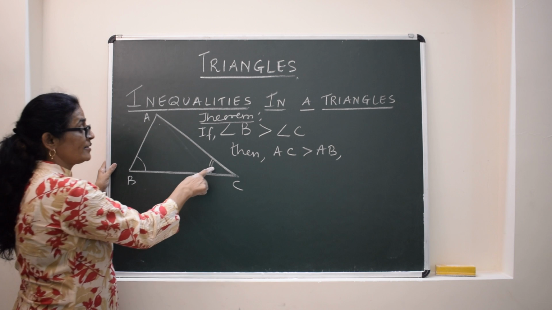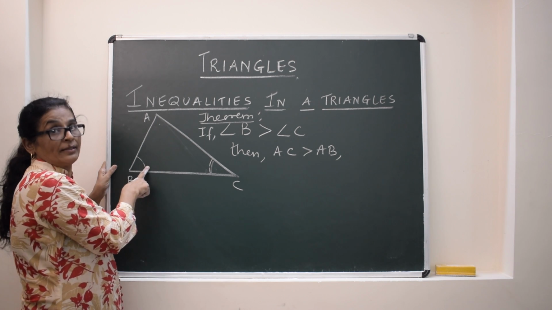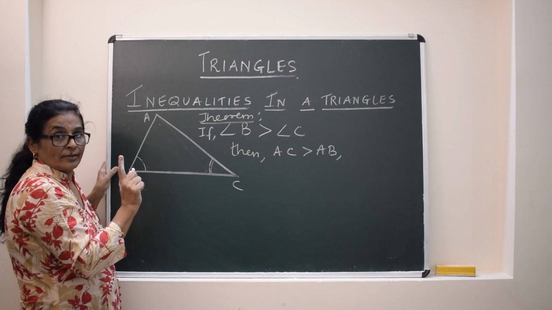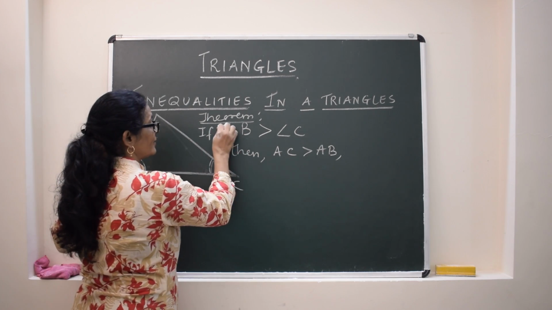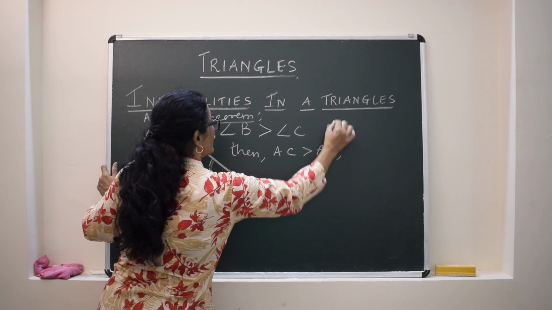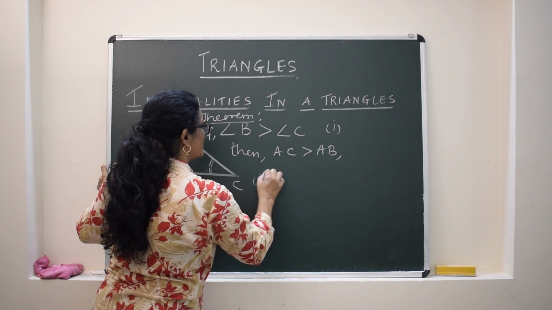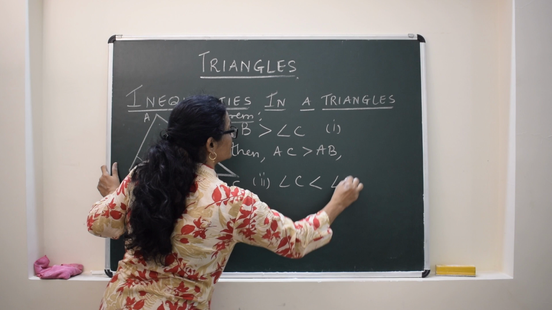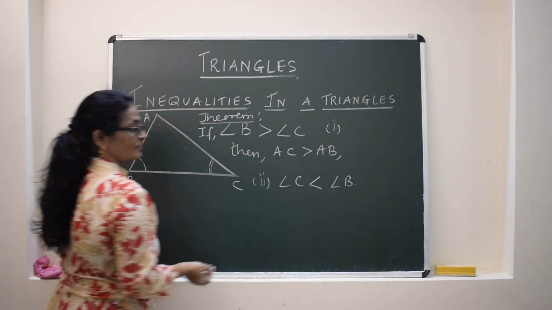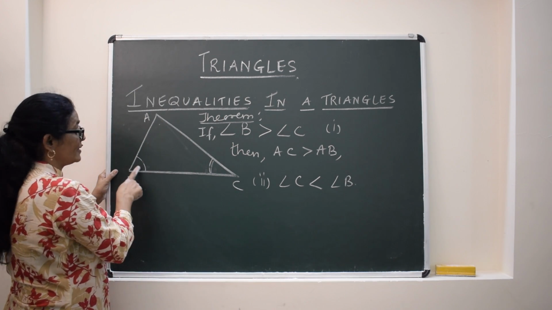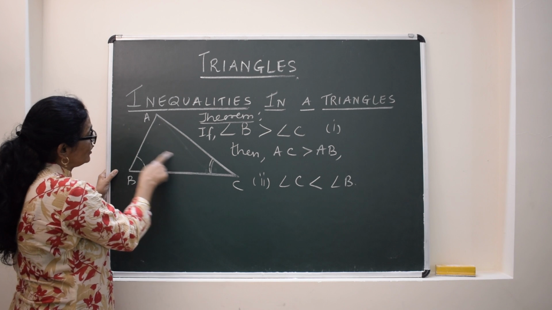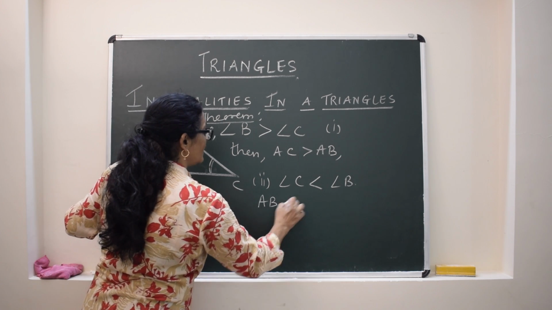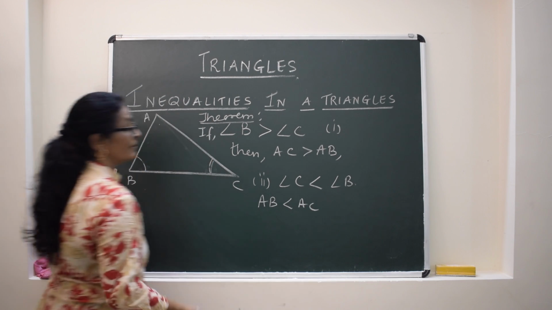If I say angle C is lesser than angle B, then the side opposite to this angle C will be shorter. This is the first part. Or second part, if you say angle C is less than angle B, then the side opposite to that, what is the side opposite? AB. AB is less than AC.